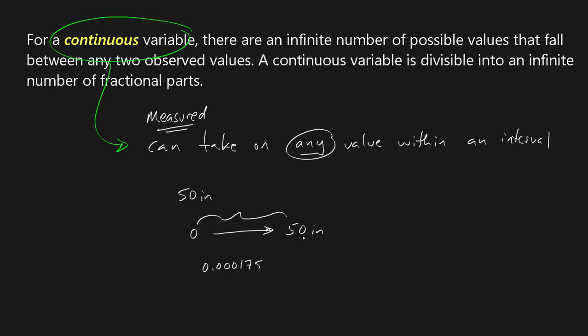Now there is something else that I can say about discrete, just so that it's very clear. In fact, let's do sort of a side-by-side comparison here. I've got discrete and continuous. So far what I've said is that discrete could be described as being counted quantities, whereas continuous would be measured quantities.